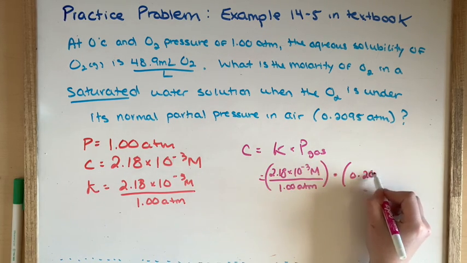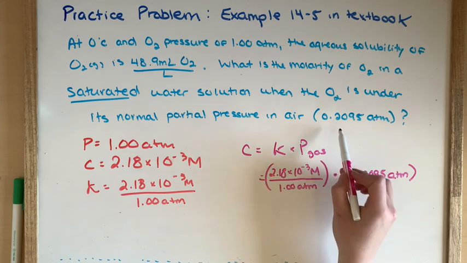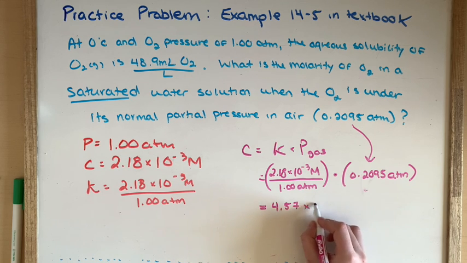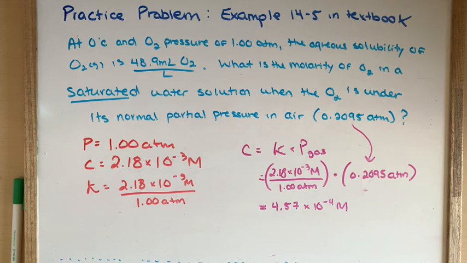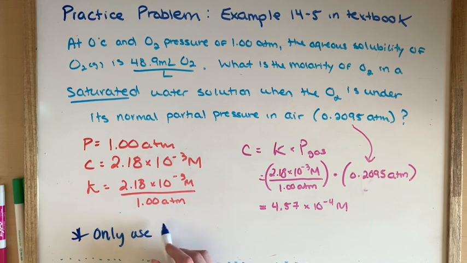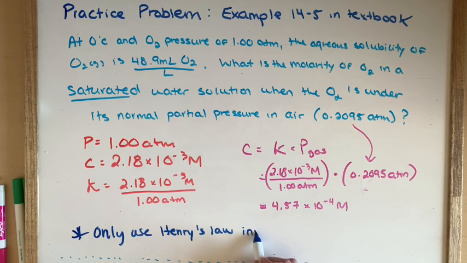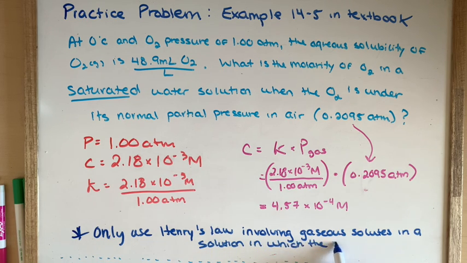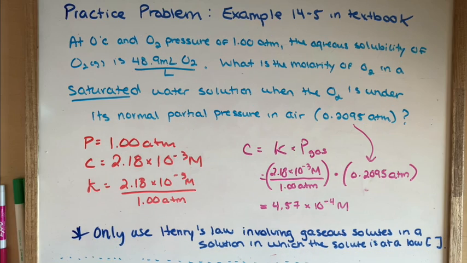You multiply your K value by the normal partial pressure, 0.2095 atmospheres, and you should get 4.57 times 10 to the negative 4 for your solubility. This is also an important concept to remember for Henry's law: you can only apply this law to a gaseous solute in a solution in which the solute is at a very low concentration.